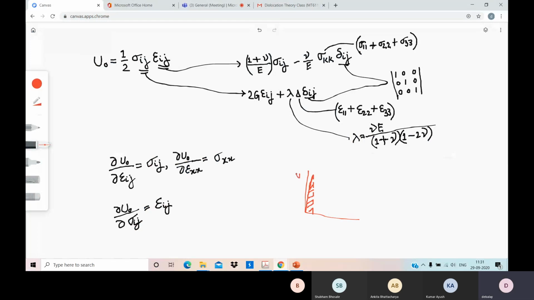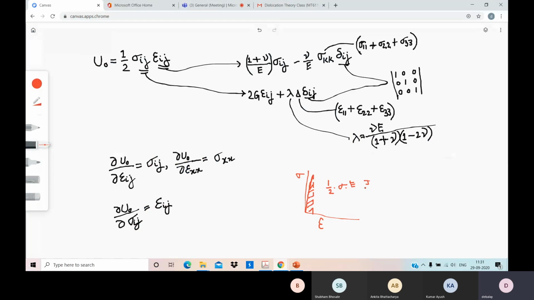So if you have sigma and epsilon, how is the elastic strain energy represented? Elastic strain energy is represented as half into sigma into epsilon, the area under the curve. And the unit, please remember, is joule per meter cube.